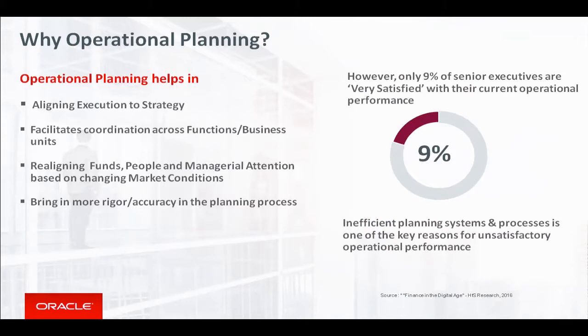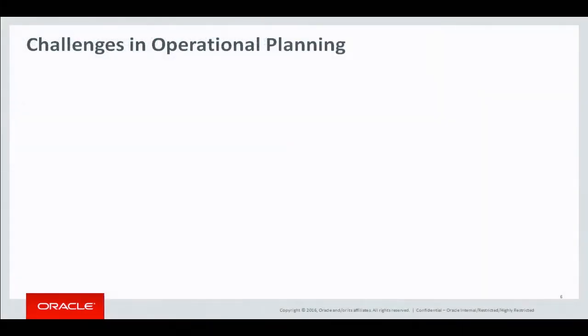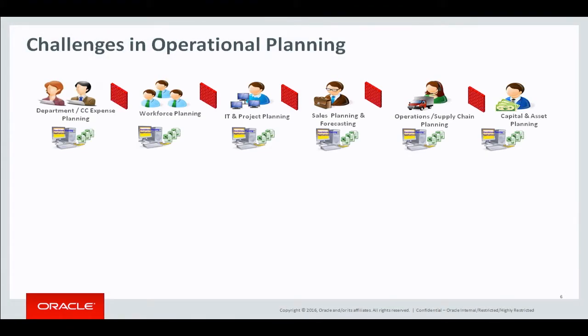However, the challenge with operational planning is that only 9% of senior executives are really happy with operational execution, and the main reason is inefficient planning processes and systems. Let me quickly discuss some of the challenges.